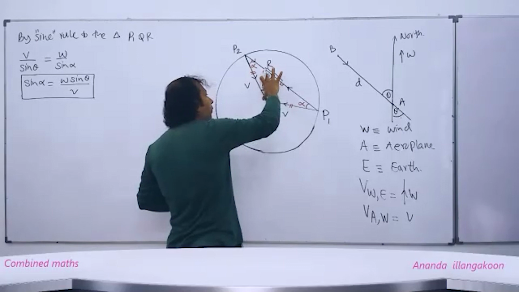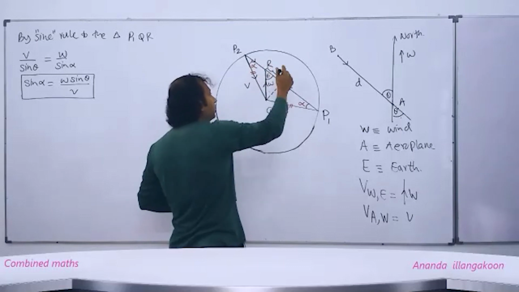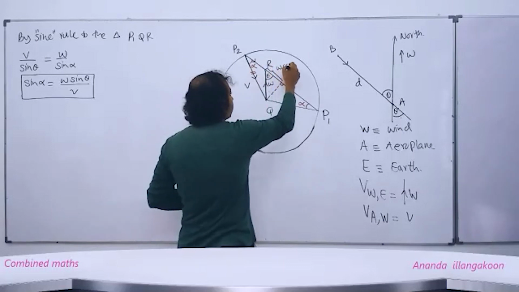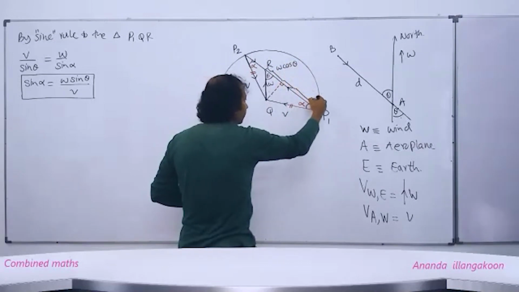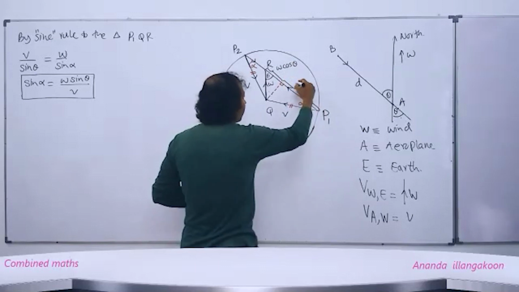This is W, this angle is theta, here it is 90 degrees, therefore this length is W cos theta. What is this length? This is V cos alpha.